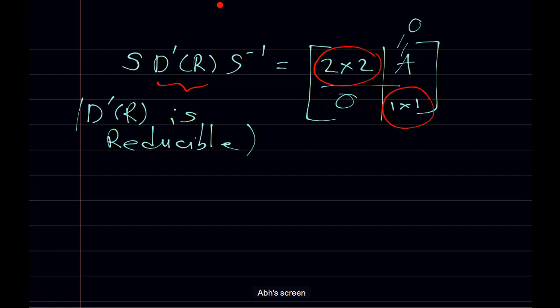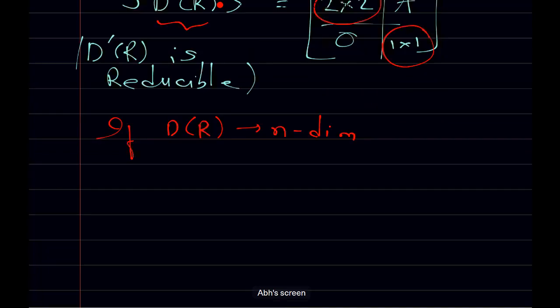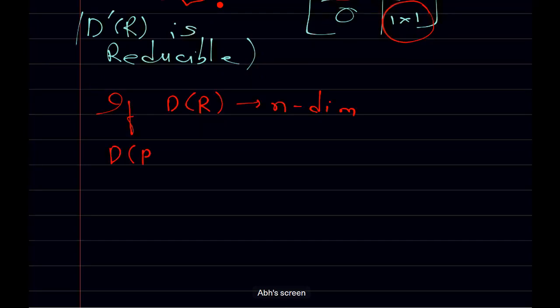if D of R was an n-dimensional representation of a matrix element R, and it turns out that you were able to break D of R, D prime of R, by some transformation, and using the transformation you get D of R, and D of R was very beautiful.